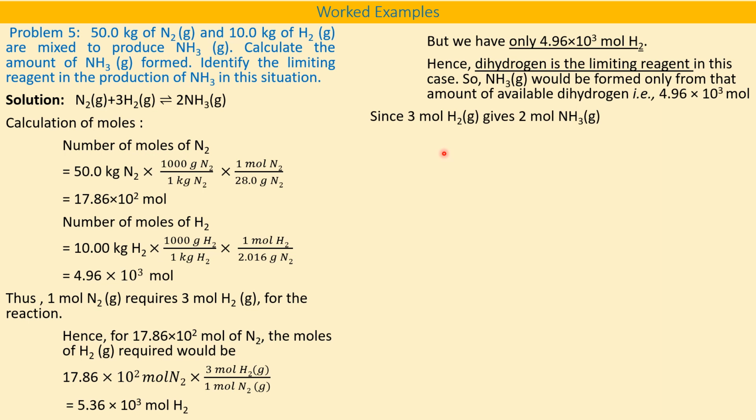Since 3 mole hydrogen gives 2 moles of NH3, we can calculate the total requirement, that is 4.96 × 10^3 moles of hydrogen multiplied by 2 mole ammonia NH3 divided by 3 mole H2.